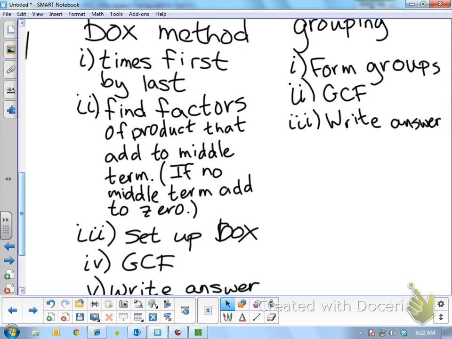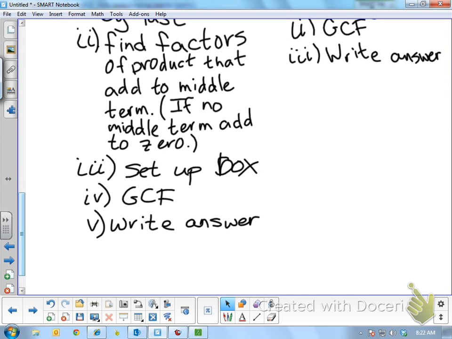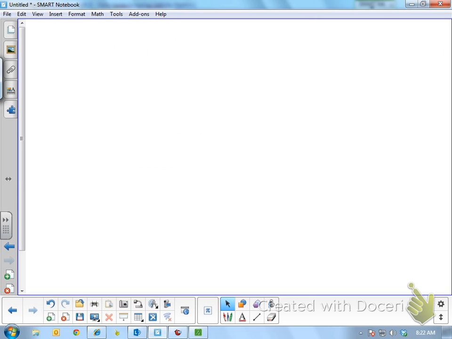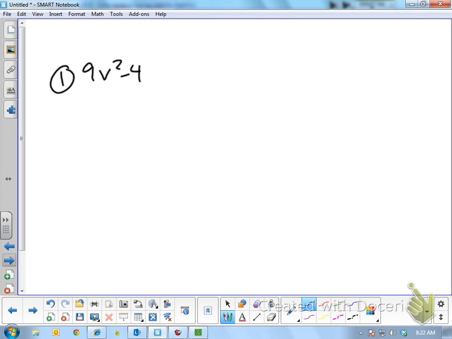So does everyone have this written down so that I can go through the problems I want to talk about? So number 1. What are the instructions on number 1?